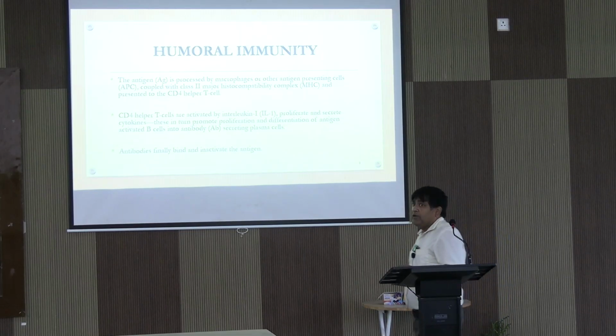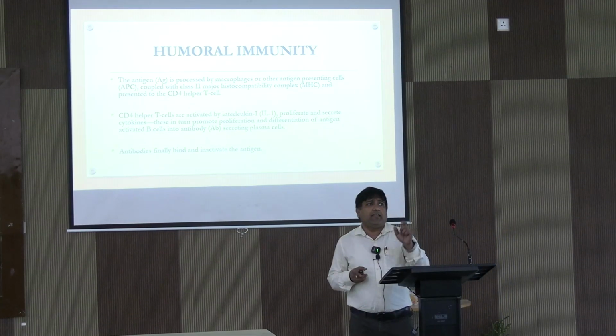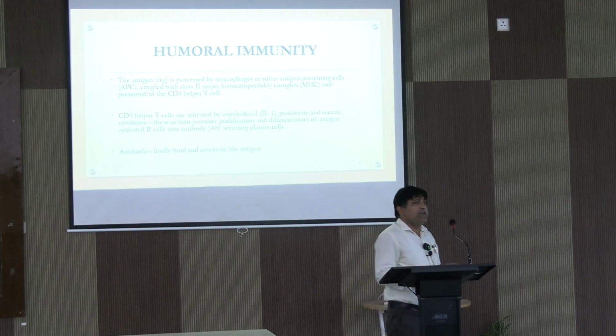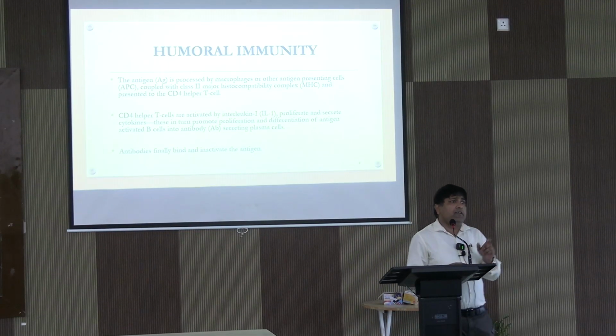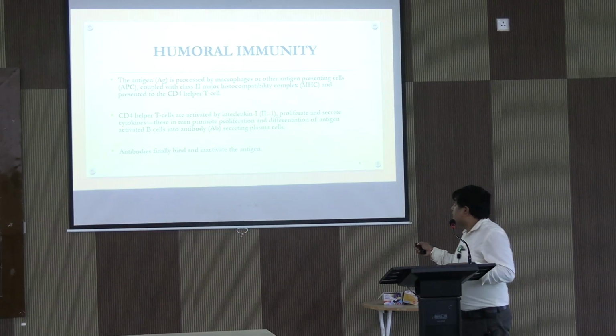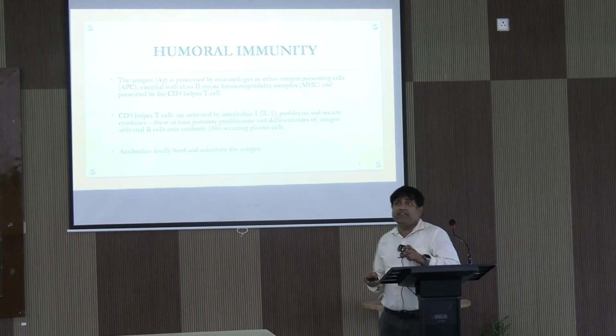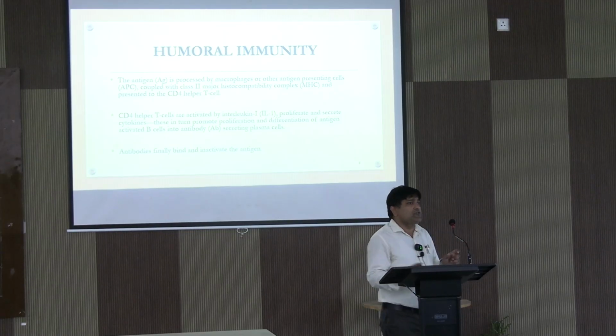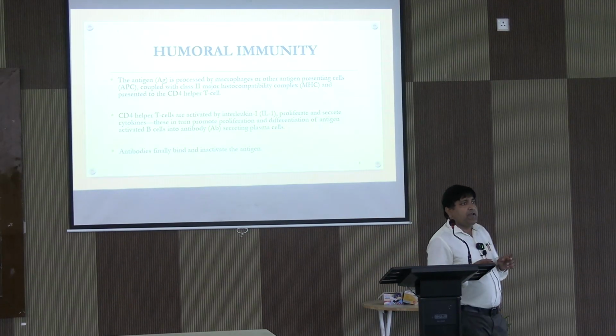Now coming to humoral immunity. Here the antigen enters the body and is processed by the macrophage or other antigen processing cells, complexed with MHC class 2, the class 2 major histocompatibility complex.